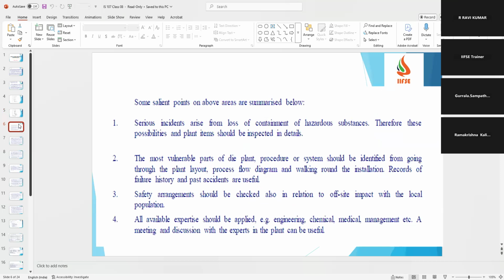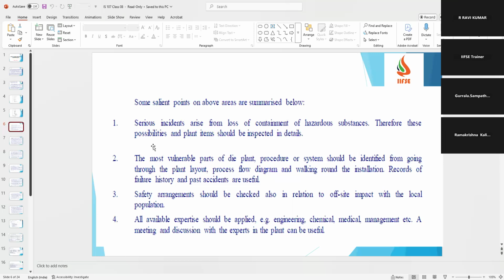Now we'll see a few points by summarizing all the other inspection areas. Serious incidents arise from a loss of containment of hazardous substances. Therefore, these possibilities in a plant item should be inspected in detail. So contamination issues, especially the gutters where your rainwater is going, you need to inspect on a day-to-day basis.